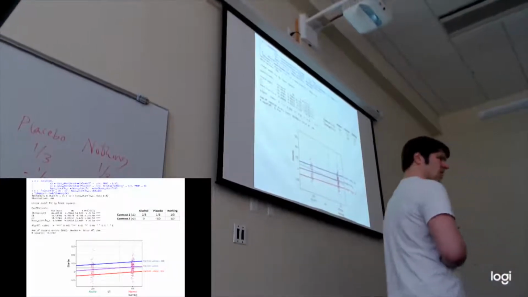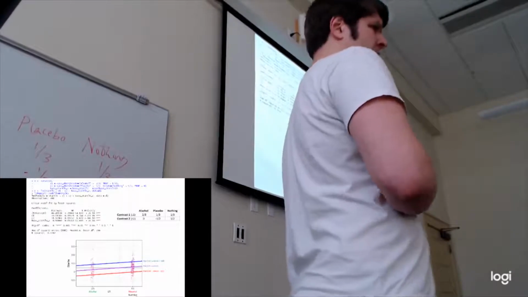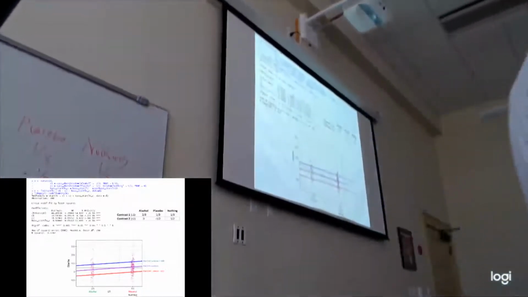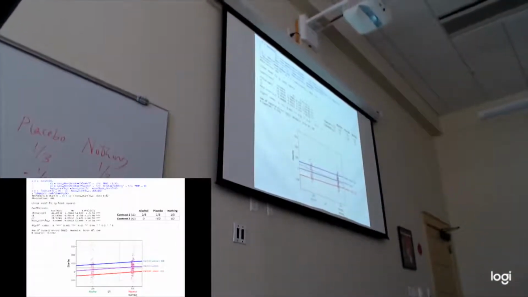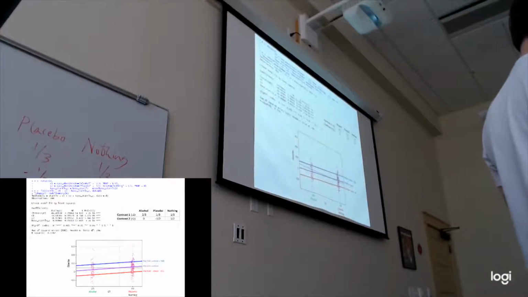Does that answer your question? I think so. And so you said the baseline startle C, it's baseline startle minus the mean of baseline startle? Yeah, that's centered baseline startle. Okay, okay. Everything clear?